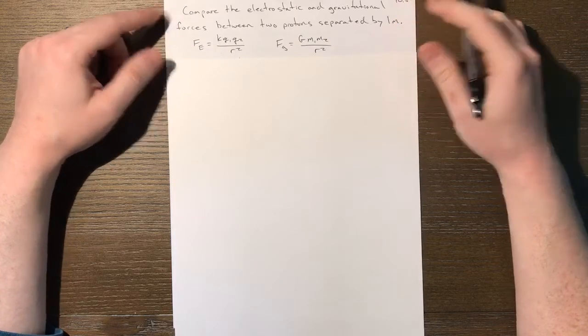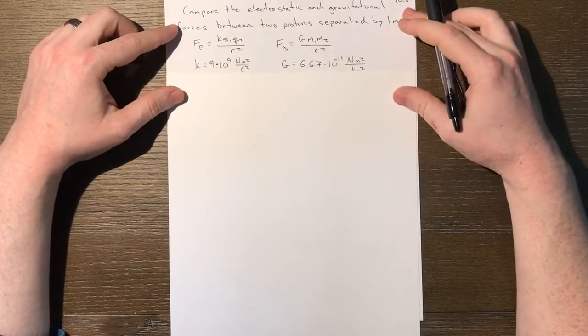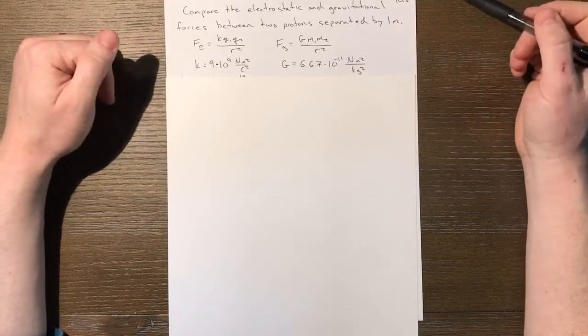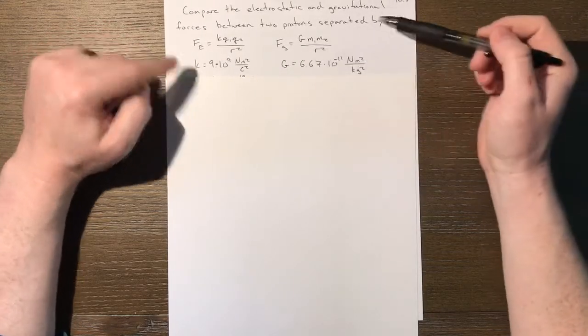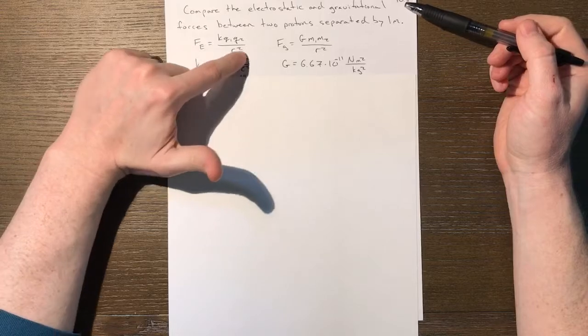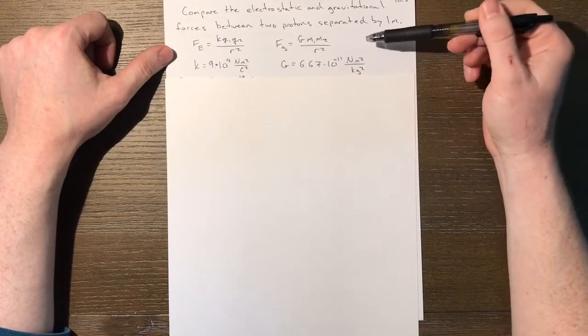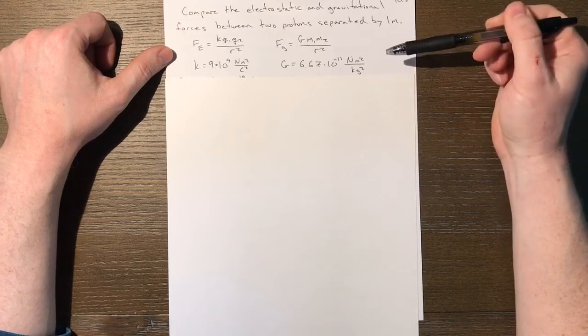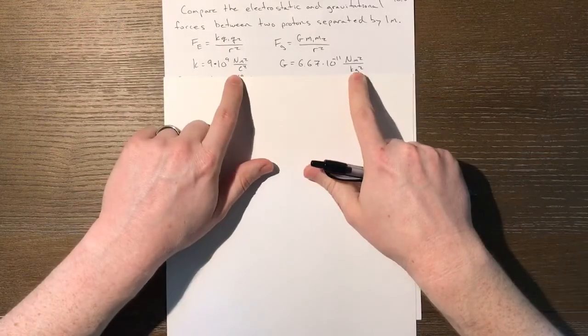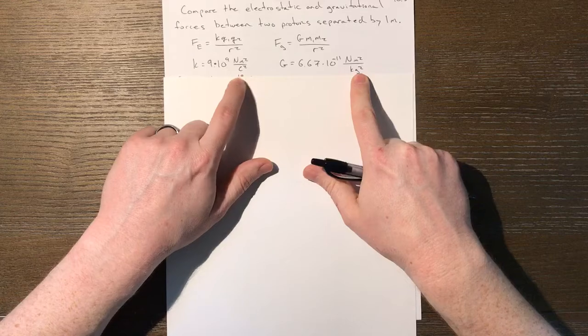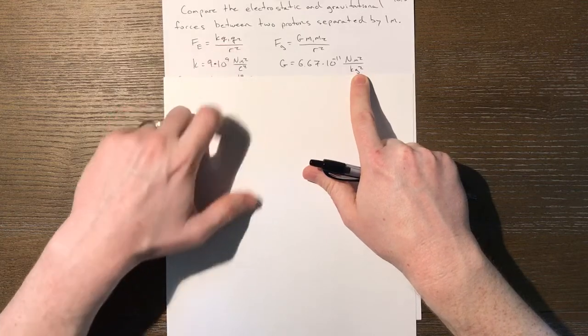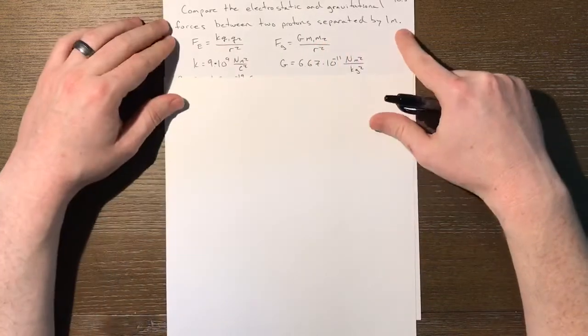So we just looked at their equations. They're very similar. They both have a constant, K and G: 9 times 10 to the 9th newton meter squared per coulomb squared, and 6.67 times 10 to the minus 11 newton meter squared per kilogram squared. The only difference in the units are those coulombs or kilograms, whether we're talking about charges or masses.